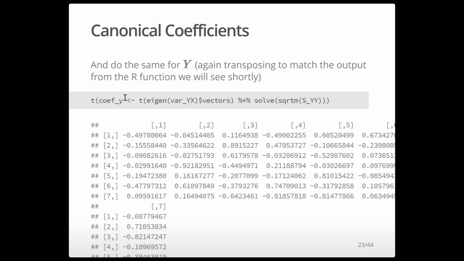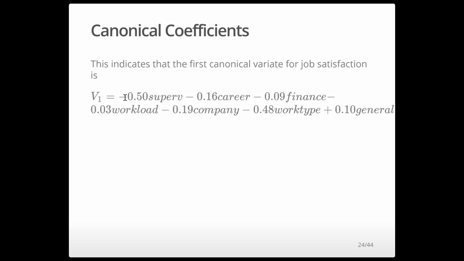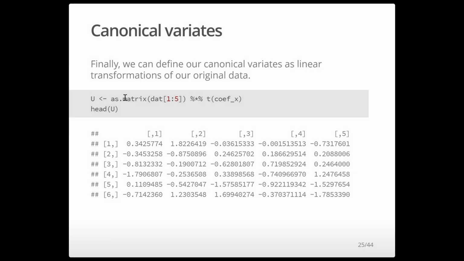And we can do the same thing for y. So finally, to get our canonical variates, so these are the actual linear combinations of each variable multiplied by the coefficients, we can just simply do that.